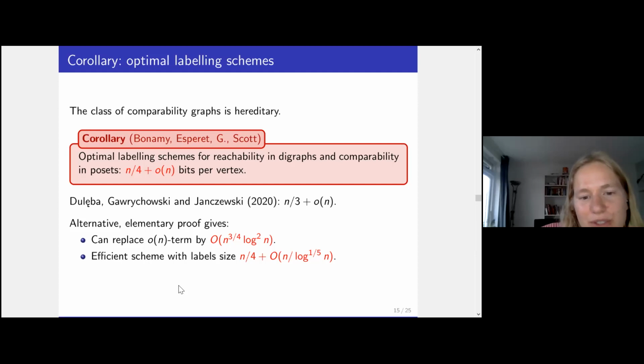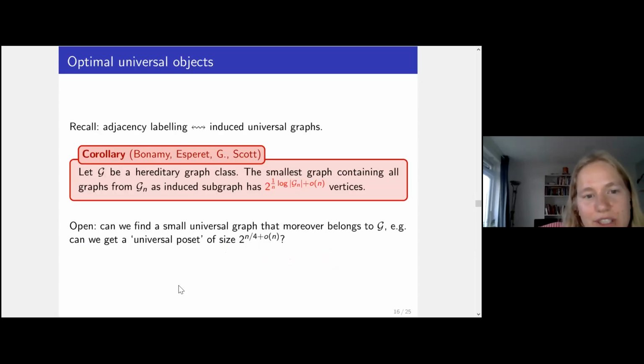Okay, so these are some corollaries. And from the beginning of the talk, we introduced induced universal graphs. Of course, we get this as well: for a hereditary graph class, we get asymptotically optimal induced universal graphs. One of the interesting open questions here, I think, is what kind of structure can we impose on the universal graph that we obtain from the labeling schemes? Because actually, it can look in all kinds of ways.